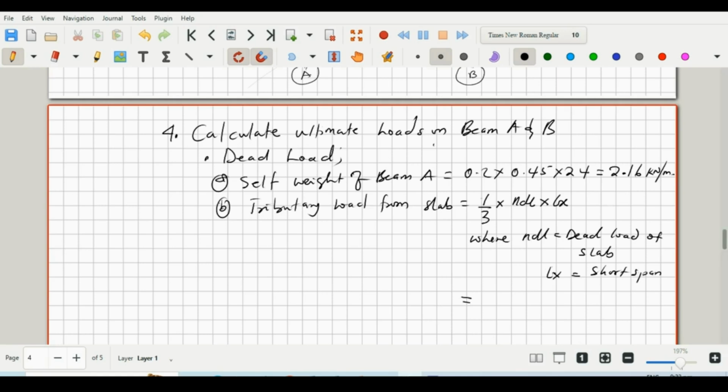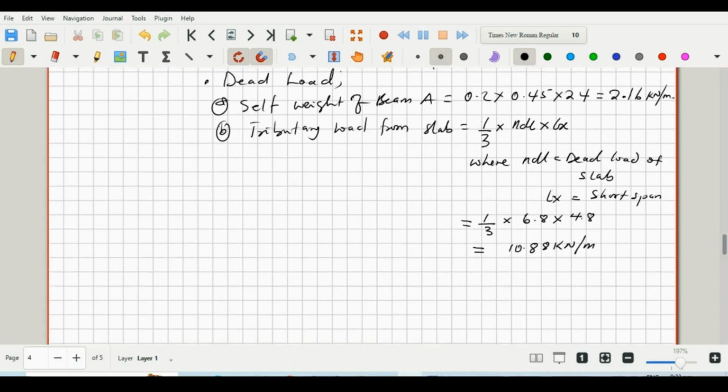So if we insert the values in the formula, we'll have 1 on 3 multiplied by NDL, our dead load is 6.8, and the short span is 4.8 meters. If we solve this, we'll have 10.88 kilonewton per meter.